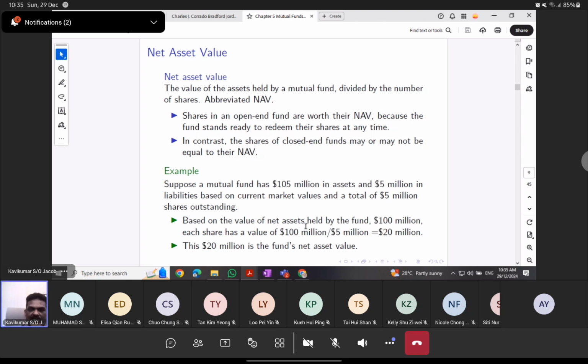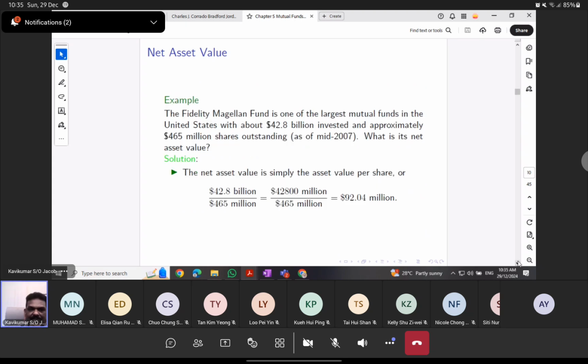So we can find the net asset value. After we pay 5 million, we have 100, and 100 million divided by 5 million shares outstanding is 20 million. So this is the fund's net asset value.